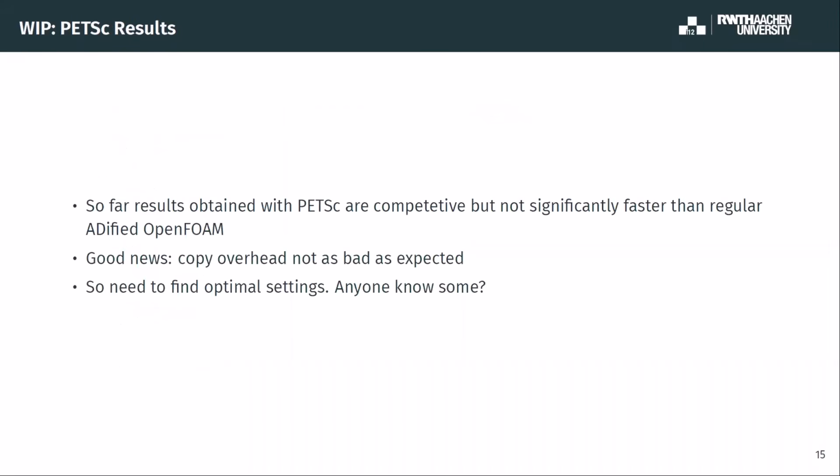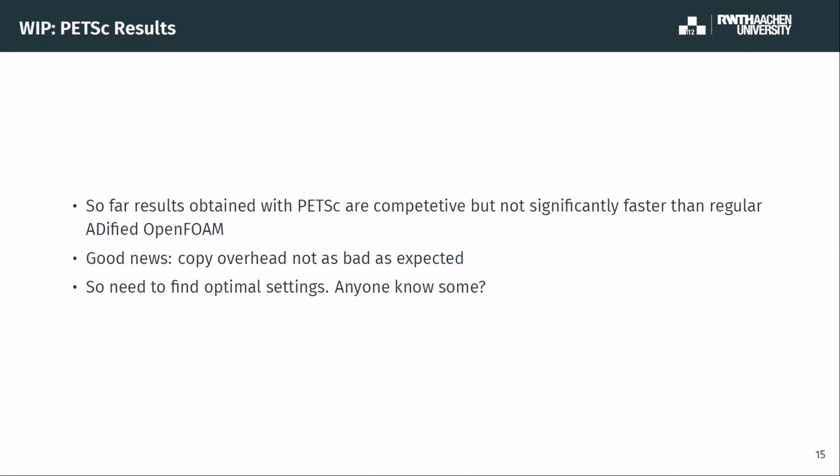And now the work in progress part. I tried this, but not very exhaustively, so I don't want to show any numbers here which are misleading. Overall, performance is competitive with what we already have, but it's not significantly faster. But I don't see why it shouldn't be if we find the right cases, because the copy overhead is actually not as bad as one would think.